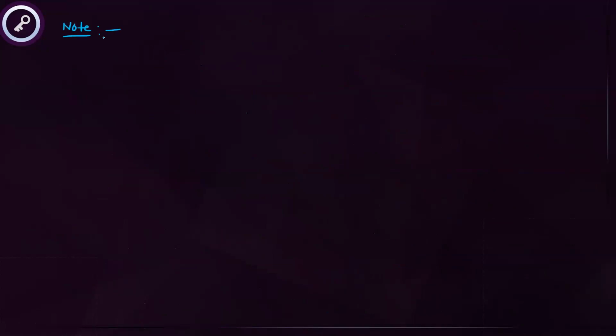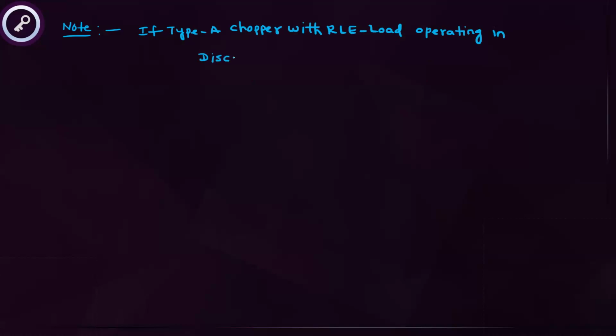Let a type A chopper with RLE load be operating in discontinuous mode.